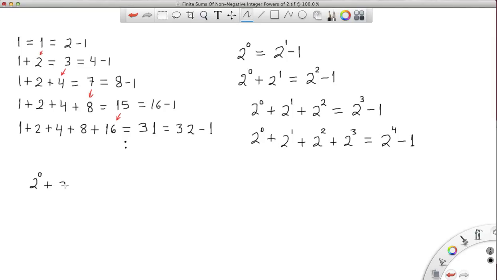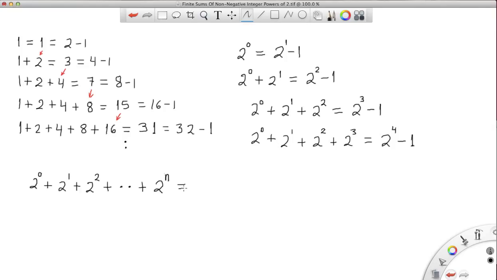So 2 to the 0 plus 2 to the 1 plus 2 to the 2 plus, and then we just write dots to indicate that the sum continues, and this sum is going to stop at some power of 2 to the exponent n, where n is an arbitrary number. So that's the last power of 2 that we are adding.